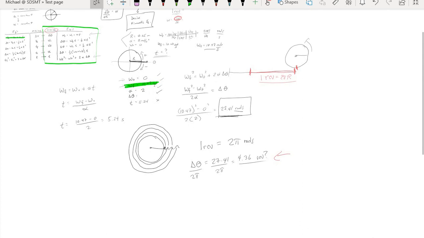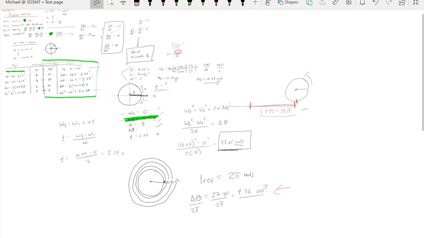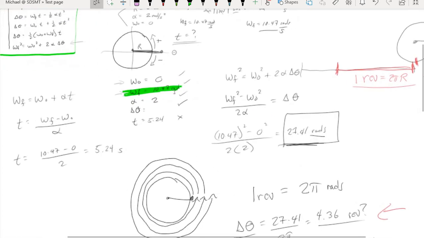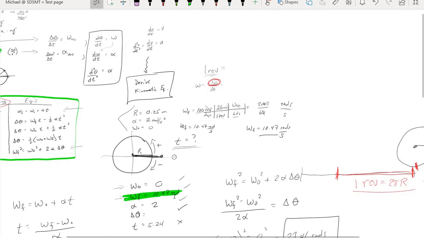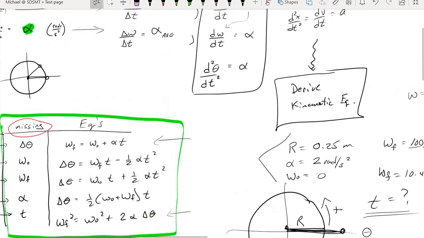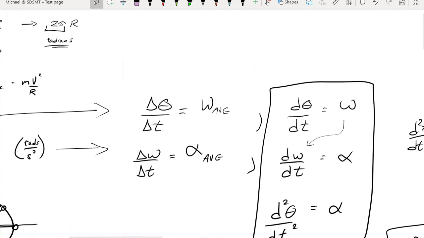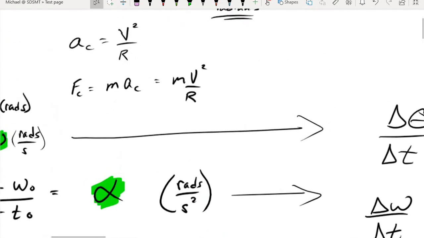So if I multiply that by 2 pi r, I should get a physical distance that the wheel will travel as it goes down the road. Now, this explanation is a little bit confusing, and so my preference is to go back to the definition that we had for arc length.